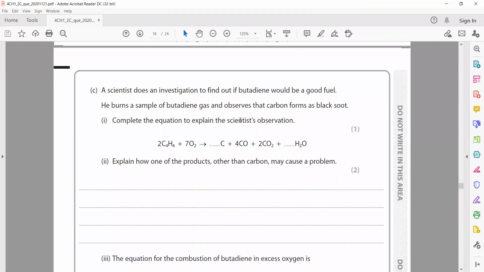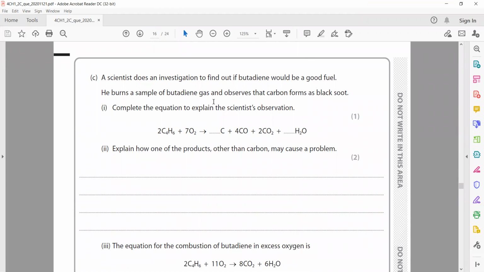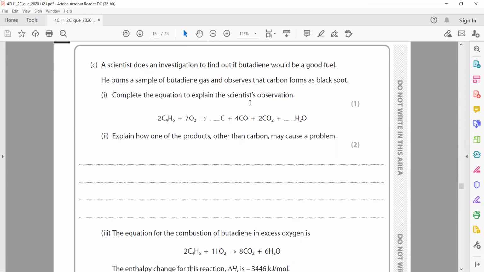A scientist does an investigation to find out if butadiene would be a good fuel. He burns a sample of butadiene and observes that carbon formed as black soot. Complete the equation to explain the scientist's observation. So we have to balance this equation. Whenever you balance a combustion equation, start with carbon, followed by hydrogen, and at the last oxygen.